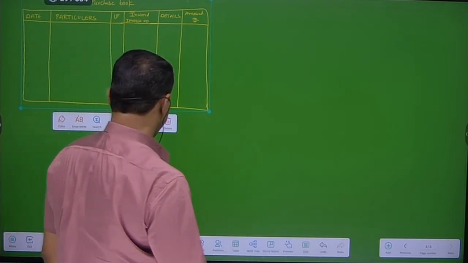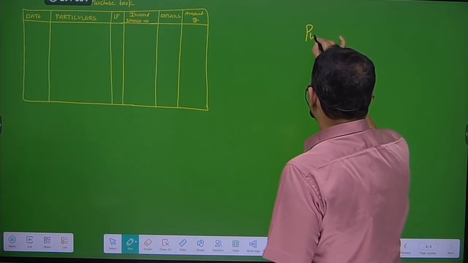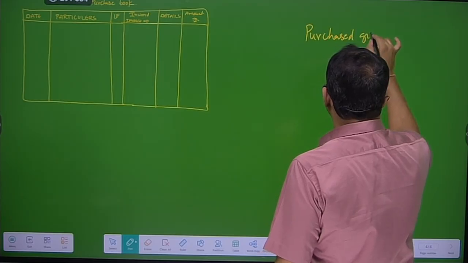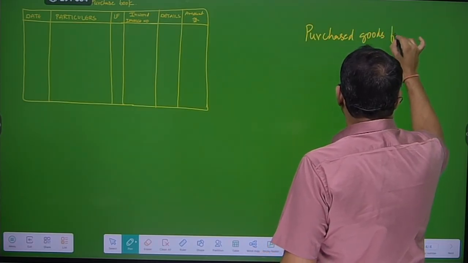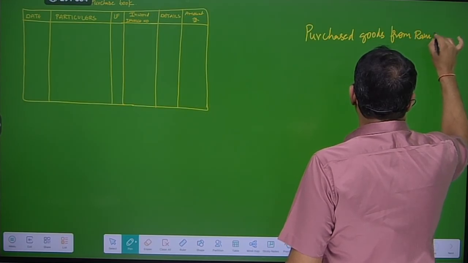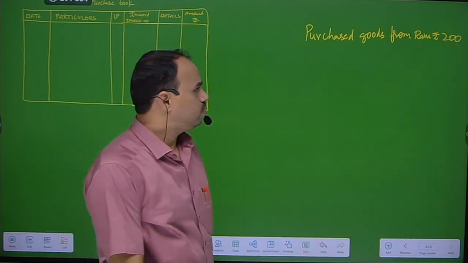See, this is the question. For example, purchased goods from Ram, rupees 200.